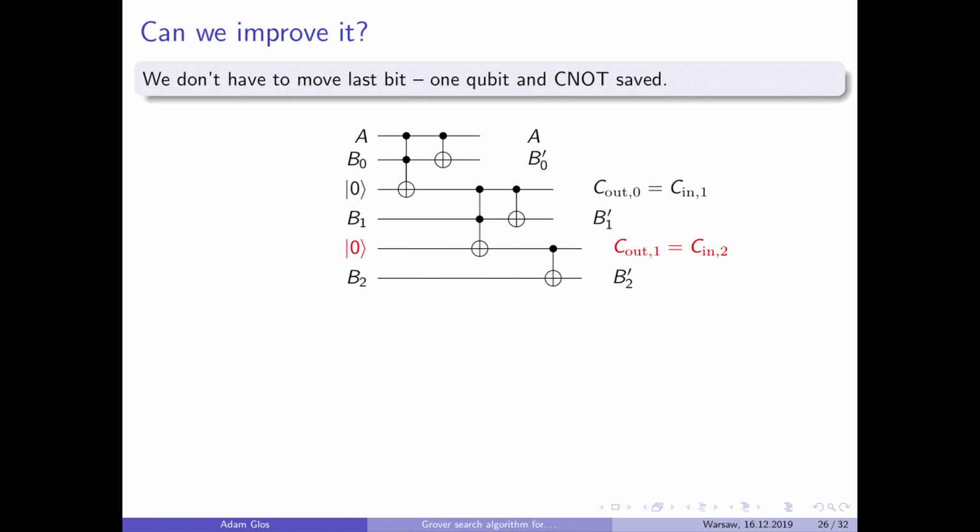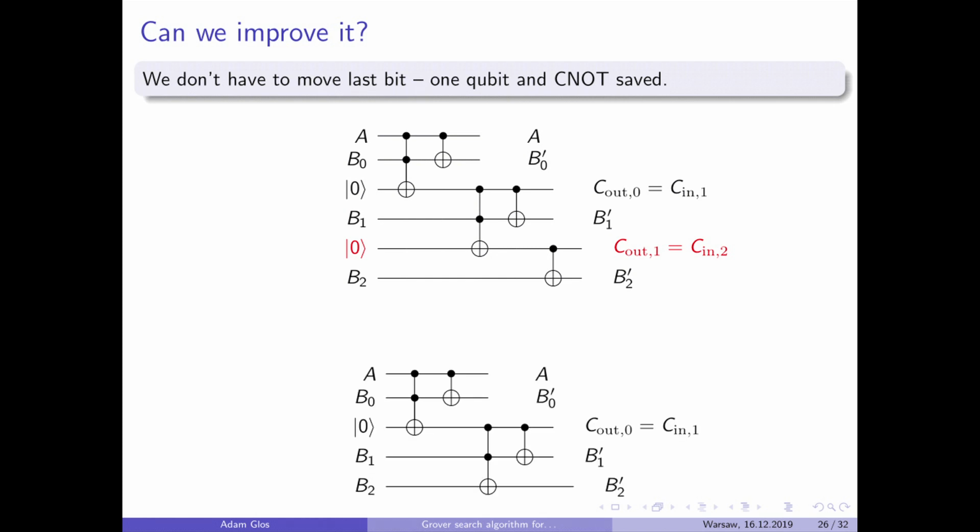For example, for each adder, we do not need this control node for our last bit, because we can consider this as just moving the answer from the one-by-last qubit to the last qubit. So we can just skip that. We saved one CNOT, which is actually not that much, but what's more important, we saved one qubit.